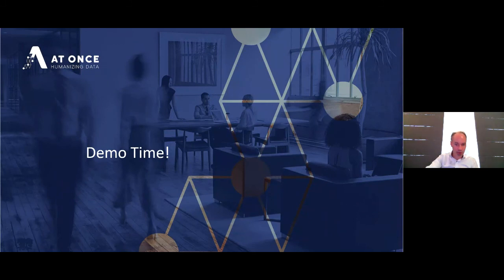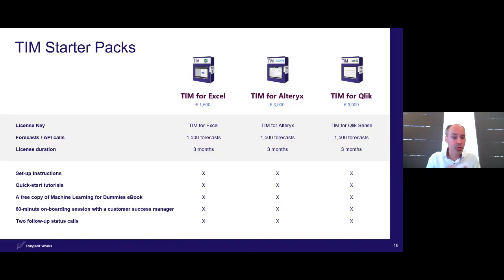Let's then quickly go back to the slides. I just have one slide left, and that's basically about the starter packs that TangentWorks and At Once offer for our customers. As you can see, it's for multiple data analytics solutions, so not even limited to the ones listed on this slide.